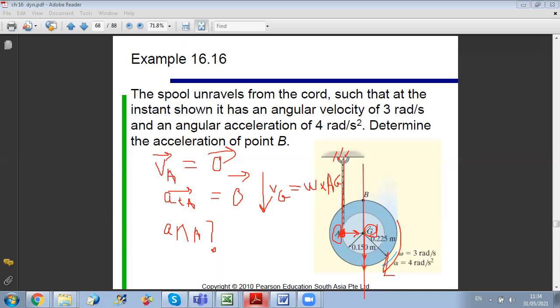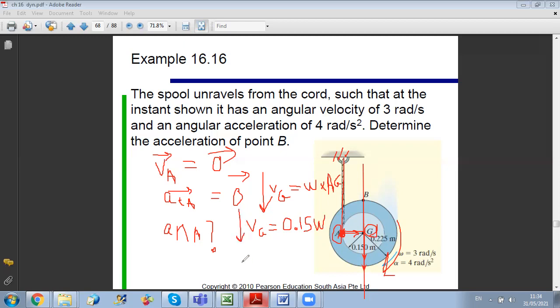So AG here is 0.15. At any instant, VG can be calculated as omega, since omega at this instant is given. So we can replace it. But in general, at any location, VG is 0.15 times omega. And since it's a rectilinear motion, G will just have a tangential component, no normal component for G's motion, because it's a straight line.